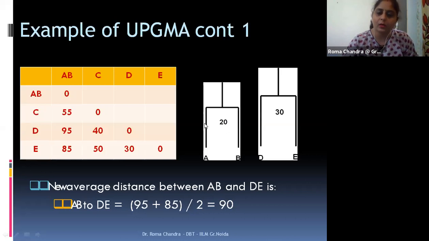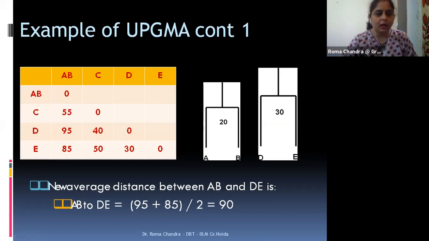Okay, and now this branch AB, you can see here, is connected to C, D, and E by these distances: 55, 95, 85.